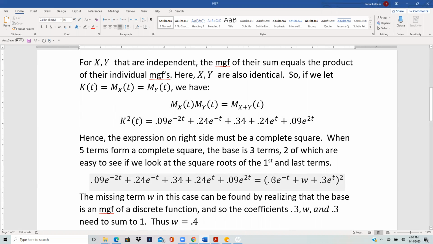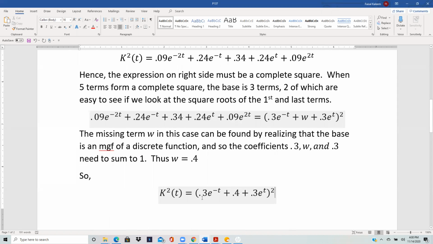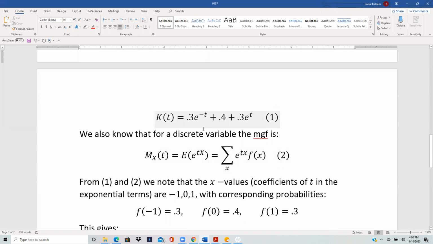Since they have to add to 1, the missing term has to be 0.4. Therefore K squared of t is (0.3 e to the negative t plus 0.4 plus 0.3 e to the t) whole squared, and K of t is just this base. That is the MGF of both X and Y.